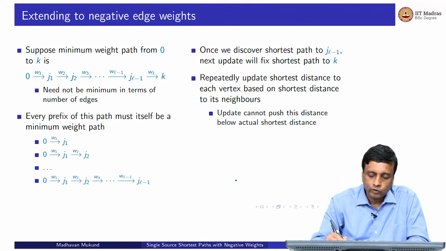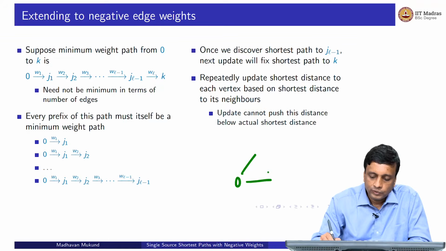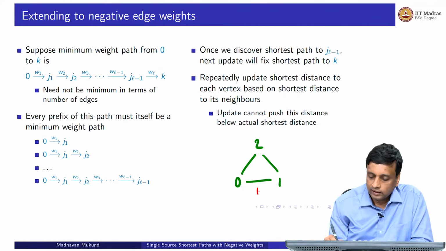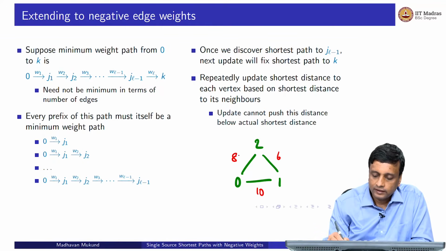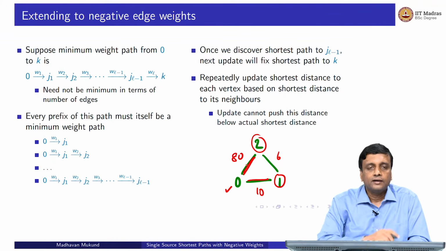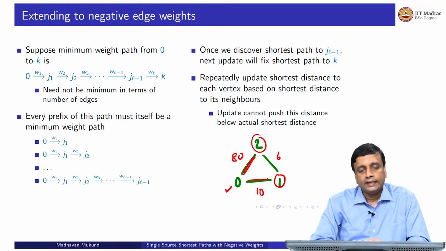So, that is, if you remember our original picture, right. So, we had this 0, 1, 2 and we had these weights 10, 6 and 80. So, if I look at path length 1 starting from here, then I have basically this edge and this edge, right. So, this gives me this estimate of 80 and 10.